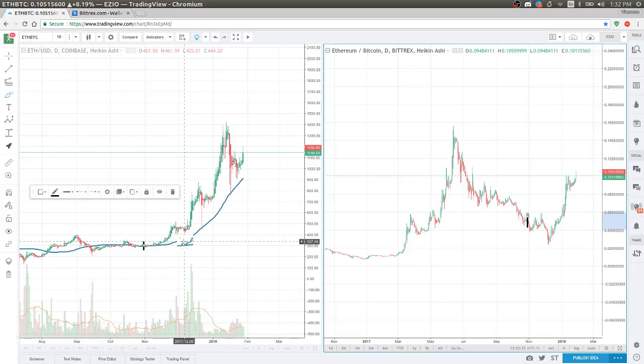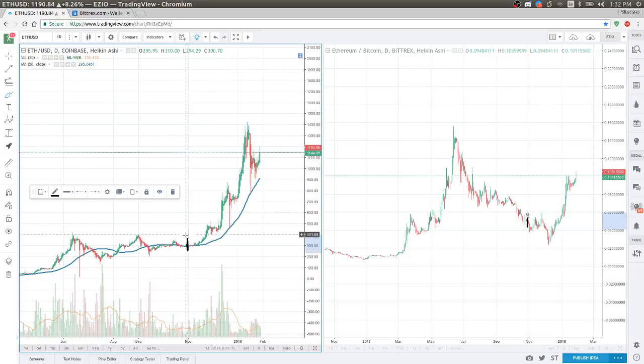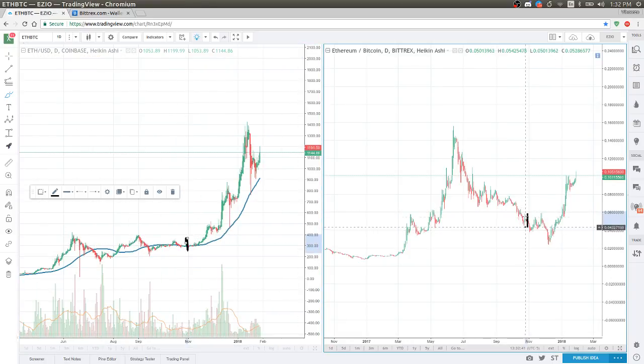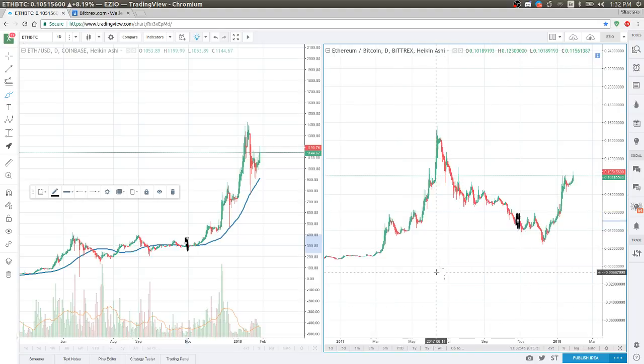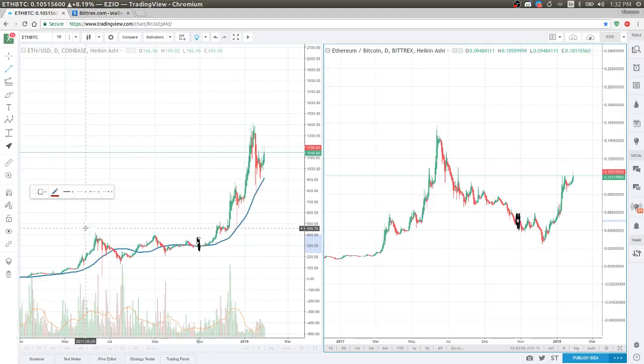Okay, so this is the deal. You guys see this black thing right there and right there. If we did a trading analysis of those two charts, this is something that I noticed when I was tracing Ethereum USD.